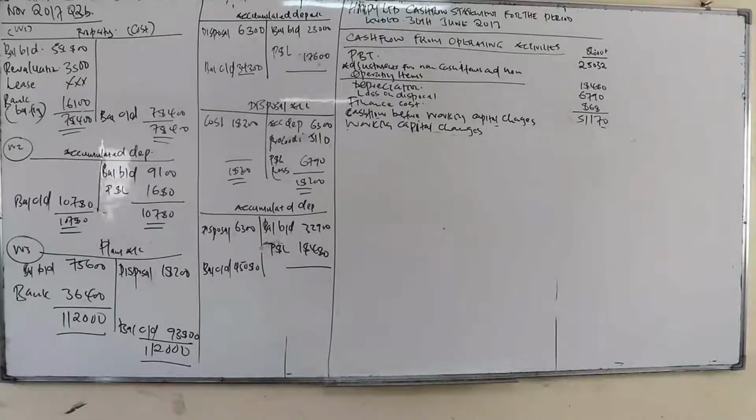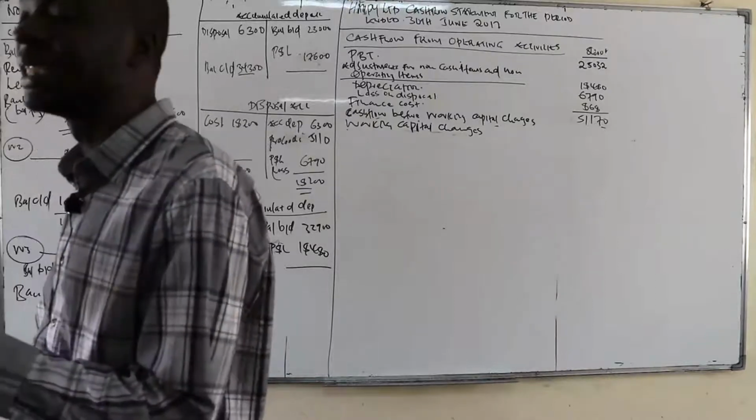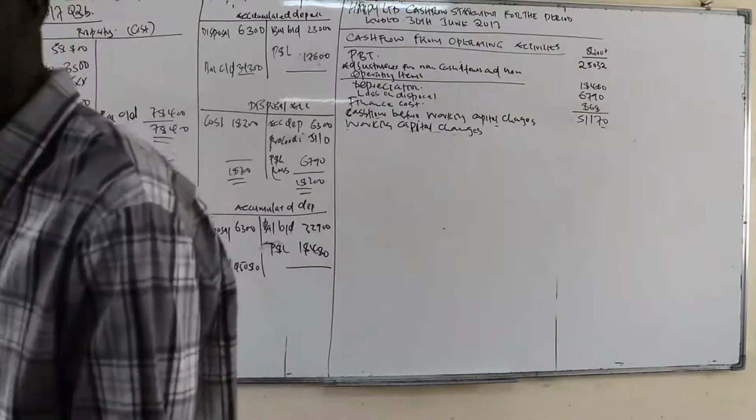So you go analyze the inventories. We have finished with current assets, we go to inventories. So you just check 2016 and 2017. If an asset increases, that is an outflow. If it reduces, that is an inflow.